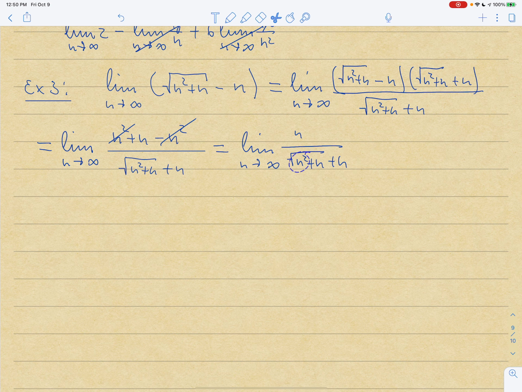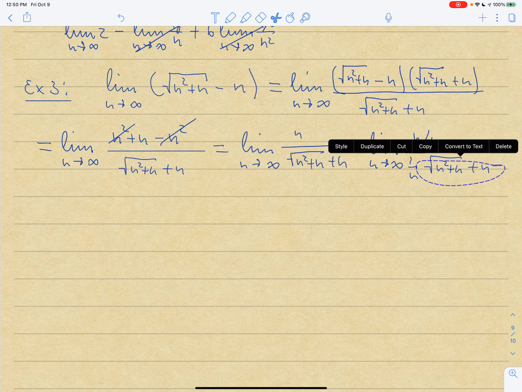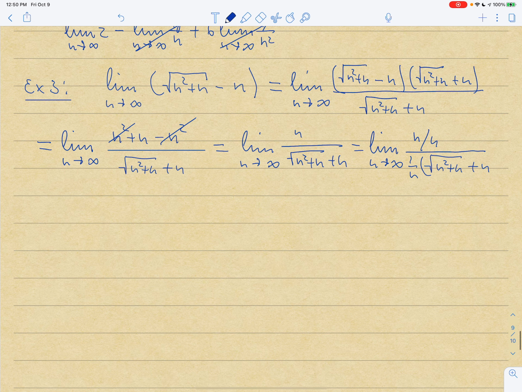And this term is n squared, but you're taking square roots, so again it's power 1. So make it a limit as n approaches infinity, n over n, times 1 over n, times the square root, plus n.